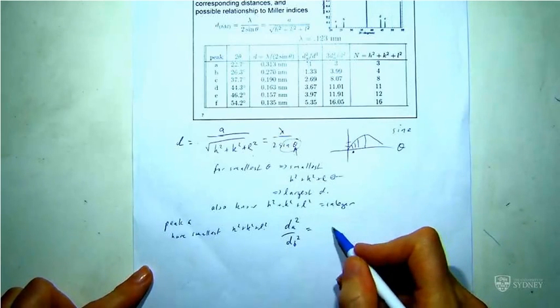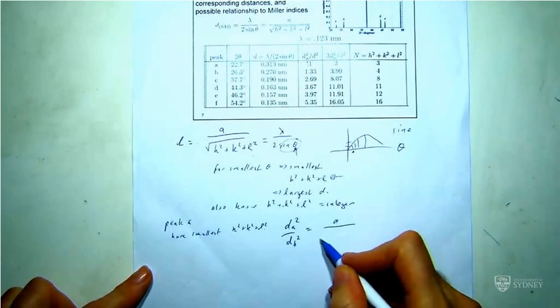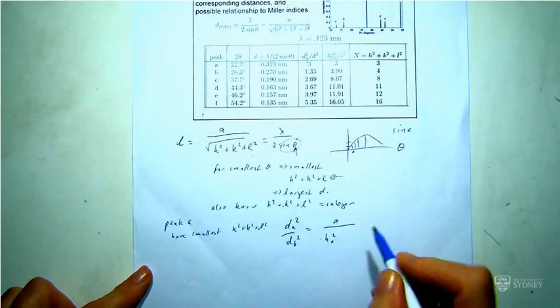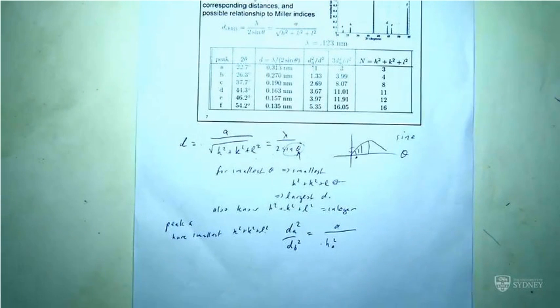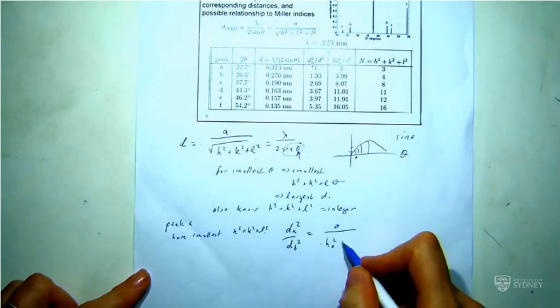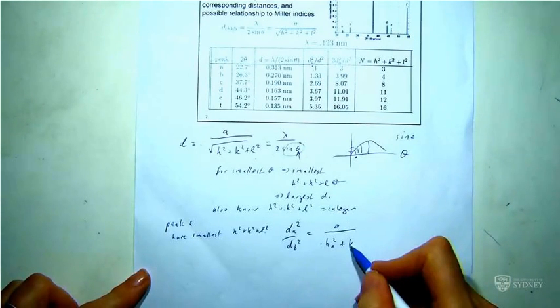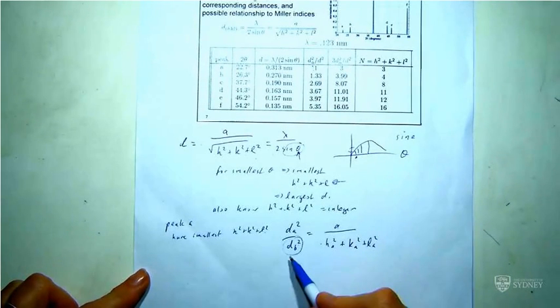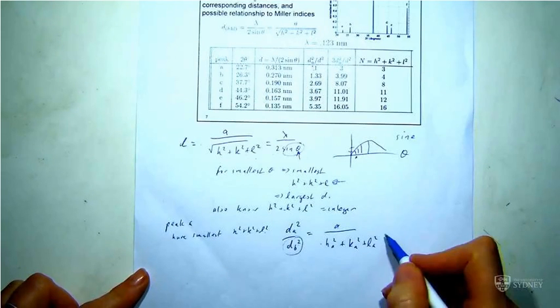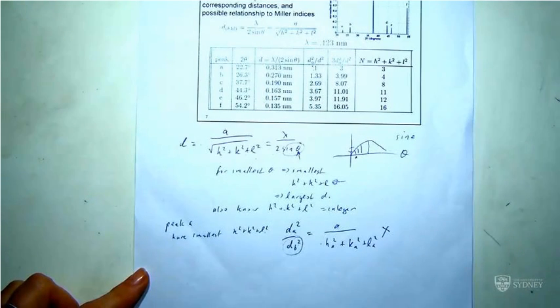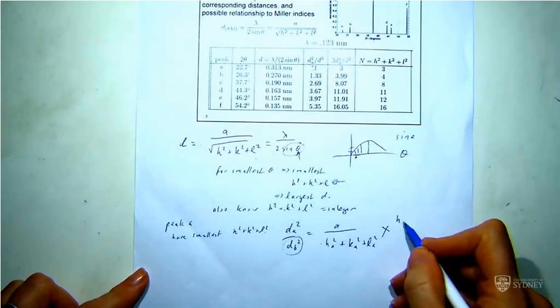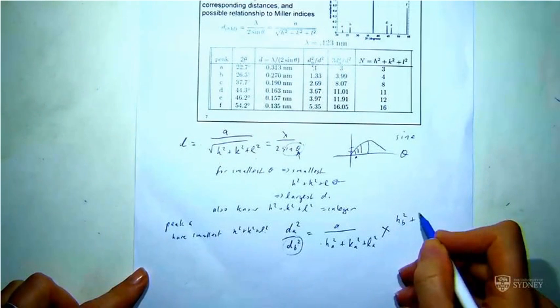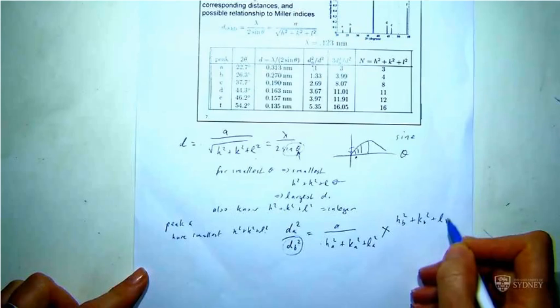That will be equal to hA squared, where A represents peak A. Okay? So hA squared plus kA squared plus lA squared. Then we're dividing it by the corresponding quantity for peak B. So that turn it upside down, that turns into multiplication, hB squared plus kB squared plus lB squared over the A quantity.